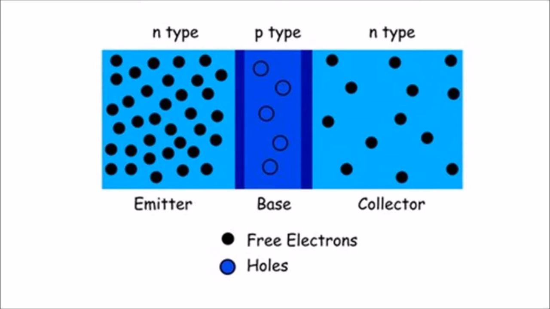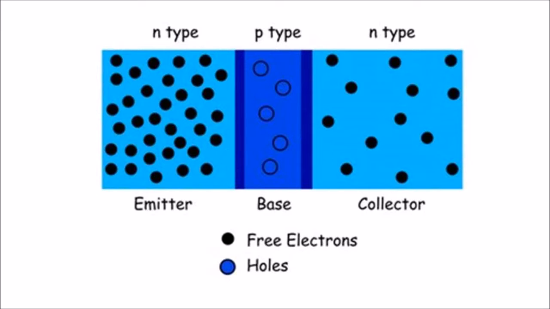In the P-type semiconductor, the holes are the majority charge carriers and free electrons are the minority charge carriers. The P region, that is the base region, is lightly doped, so the base has a small number of holes. The right side N region, that is the collector region, is moderately doped. Its doping level lies between that of emitter and base.